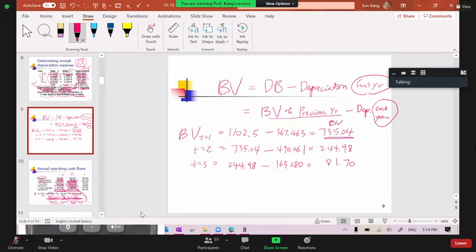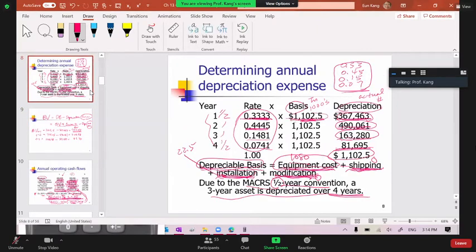And Professor, are you putting 367,463 or 367.463? Yeah, because this is stated in thousands, and this is an actual number, so you have to be consistent, right? So I put 367.463 in thousands.